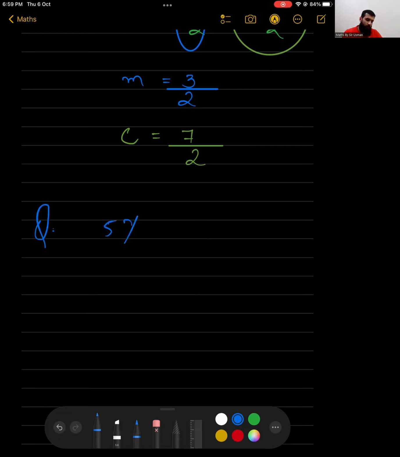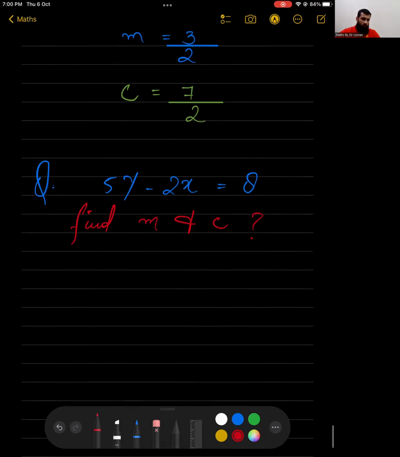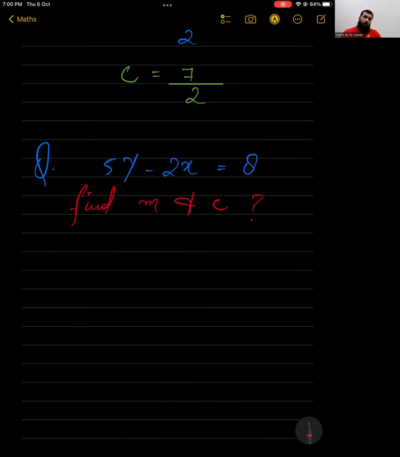So we have 5y minus 2x is equal to 8 and you people need to find m and c. तो आप लोगों ने m और c की values figure out करनी है और मुझे अपने answers बताना है, all of you. First of all make y as your subject और फिर आप compare करो.